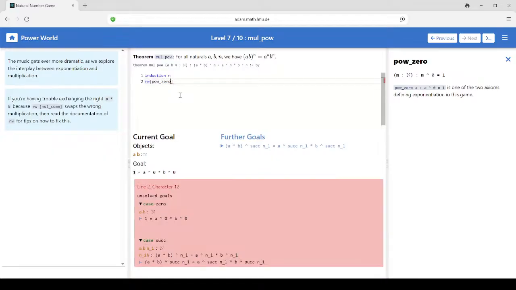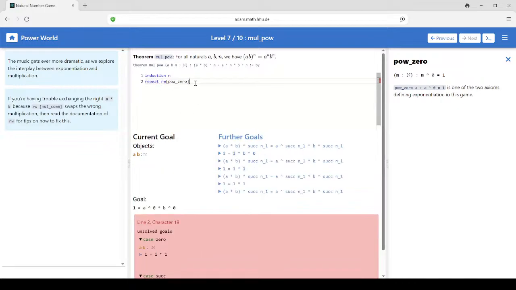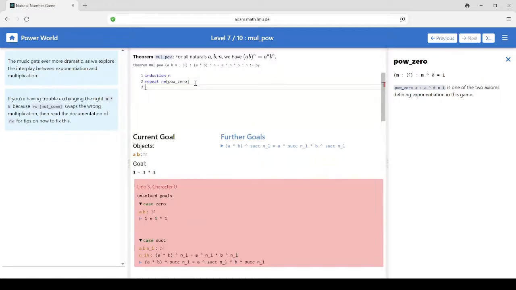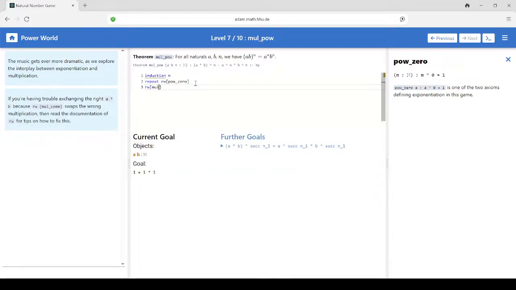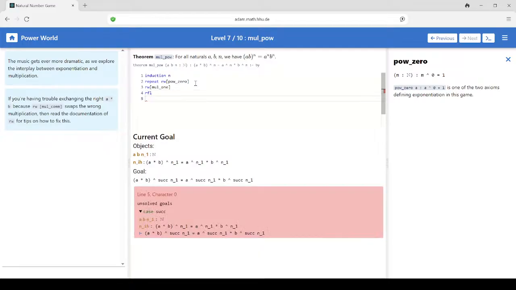Yep, 0. And we can just repeat that, I think. And then, yeah, we want anything. Rewrite, multiply 1. Reflect. And then we have the hard one.